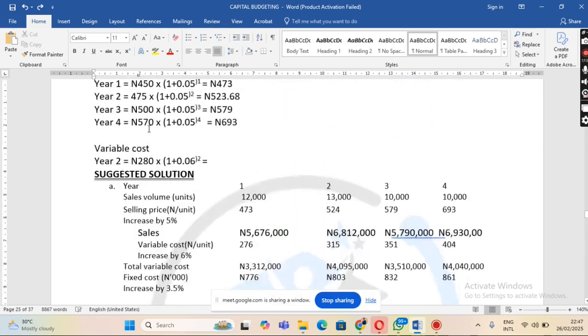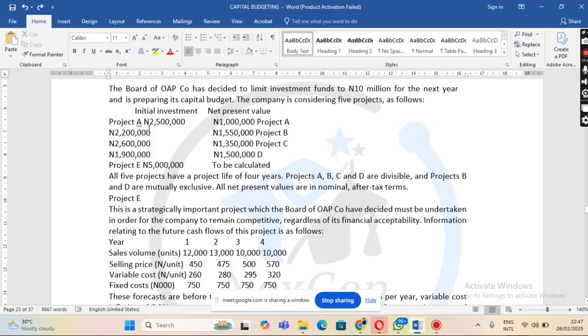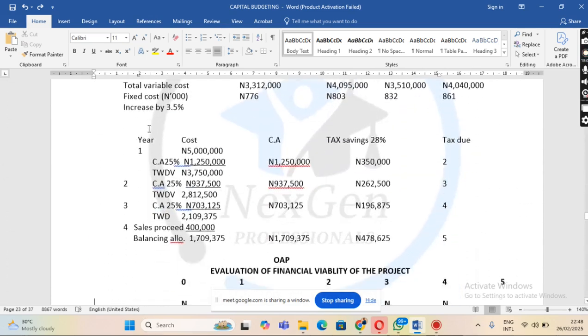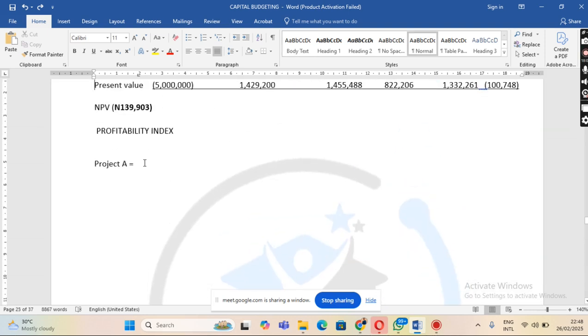Sorry. Oh God, please screenshot this. But if you have the material, you can move on, right? We can move on. Okay. It is well.